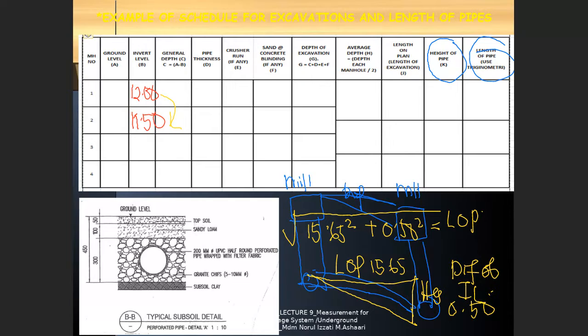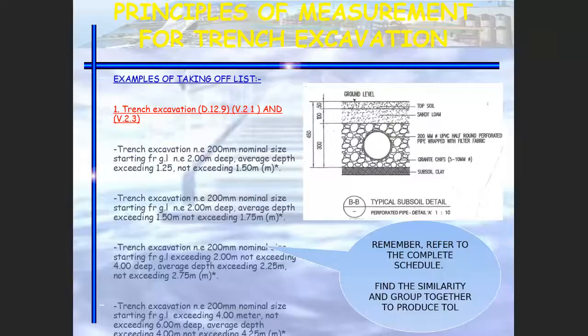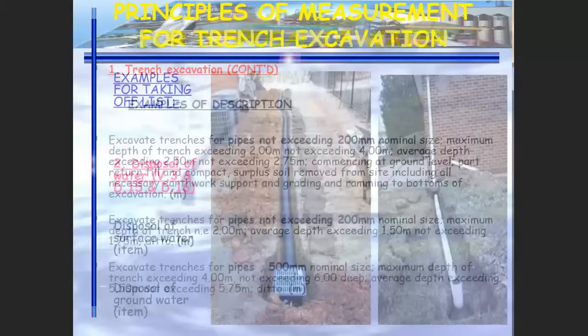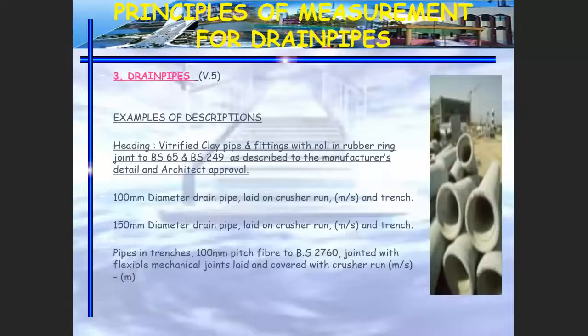Always remember the length of the pipe is equal to the length for the beds, benching and covering. So if I put back the answer here, the length of the pipe is the length on plan squared plus the difference of the invert level squared, and after that you have to find the square root.